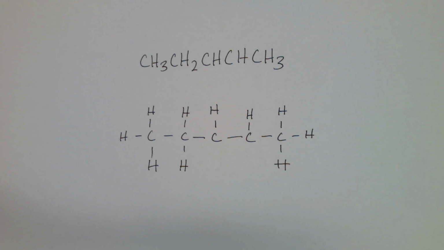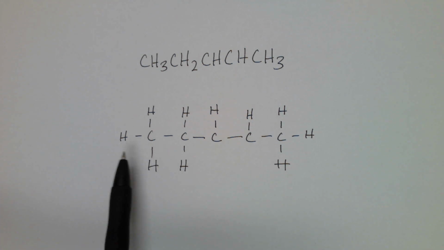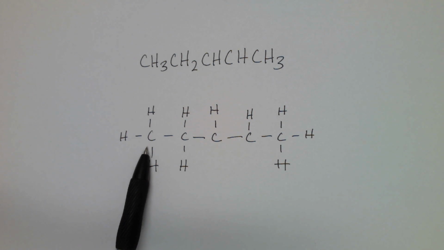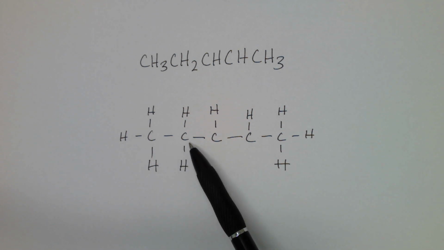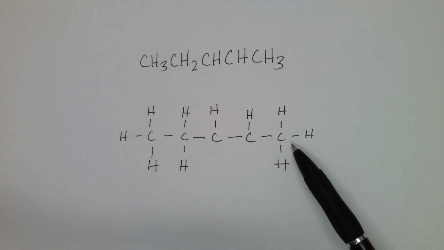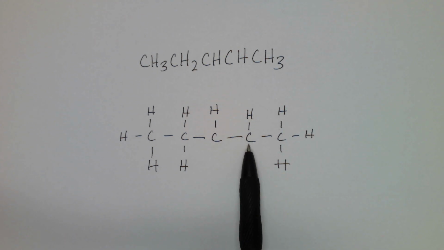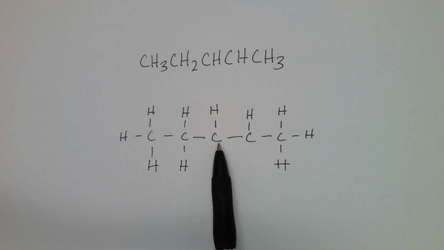If you remember the common bonding patterns, neutral carbons should have 4 bonds. This carbon has 4 bonds. This carbon has 4 bonds. The carbon at the end has 4 bonds. But the carbons here only have 3 bonds each.